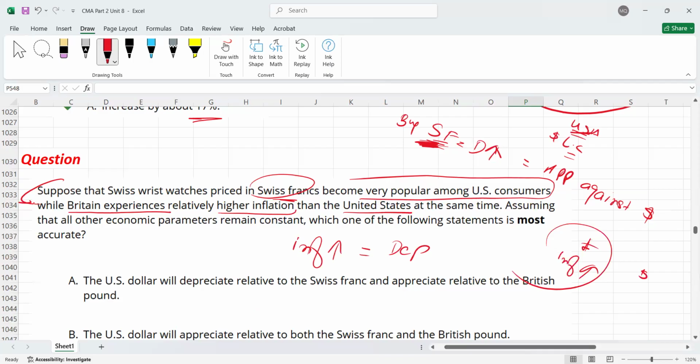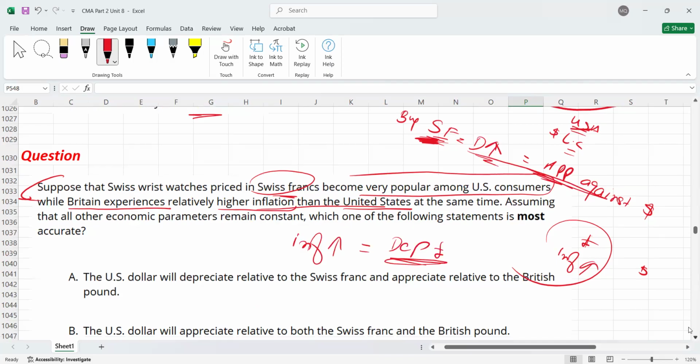So what is the question here? They're saying Britain experiences relatively higher inflation than the United States. It means the pound will depreciate. So the answer for the first sentence is that the Swiss franc will appreciate, and the answer for the second statement is that the pound will depreciate.